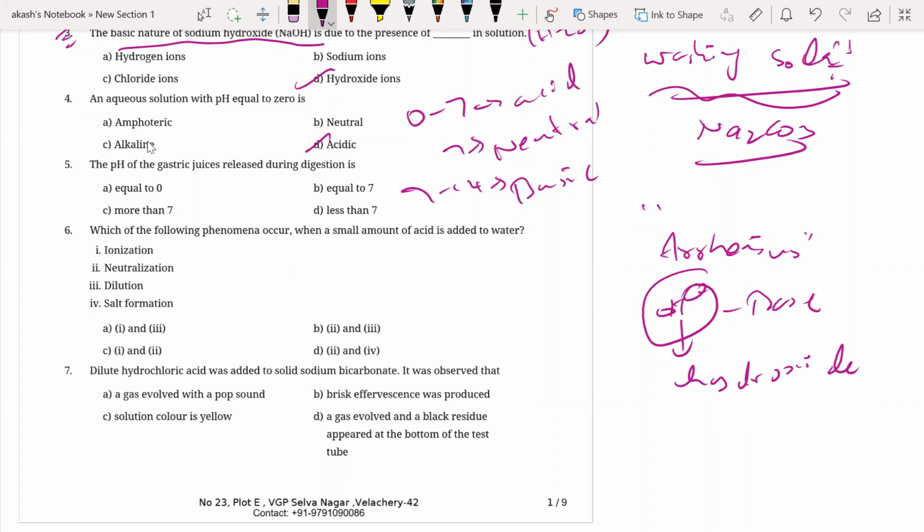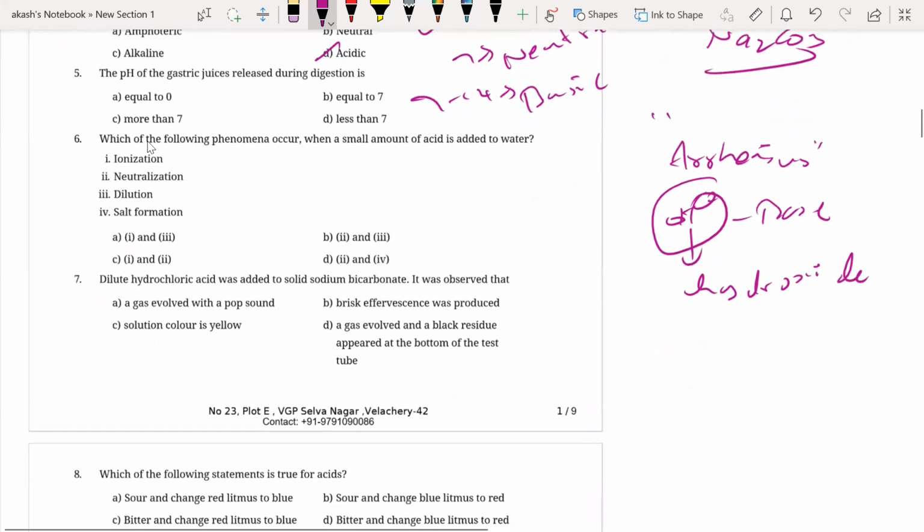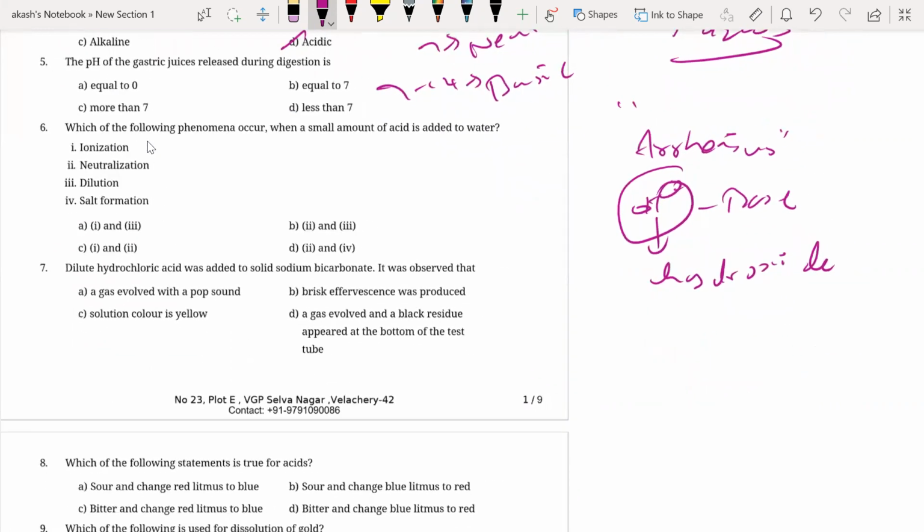Okay, next. Question number 5. The pH of the gastric juices released during digestion is what? Less than 7. Definitely, we know that for digestion, it is the acids which are secreted.